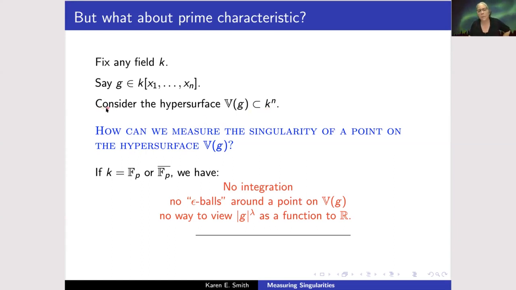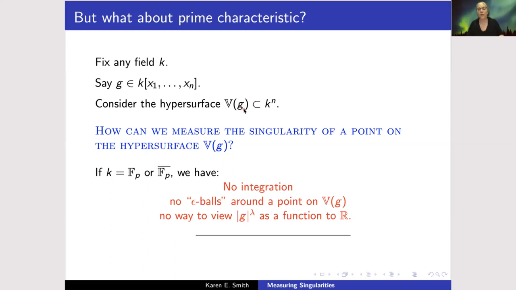And so if I take a point on this hypersurface, I can ask how to measure its singularity. We can, of course, take the order. The order will still make sense. But can we do something similar to that log canonical threshold, which is also called the analytic index of singularities? Of course, the problem is that when we're working with an arbitrary field, we don't have real analysis.